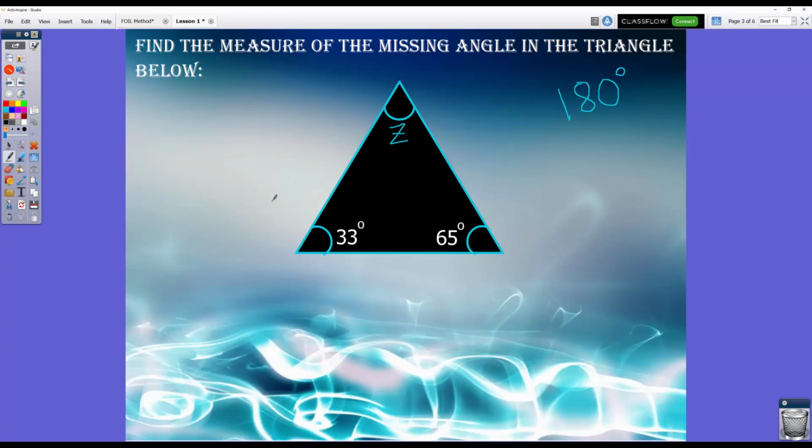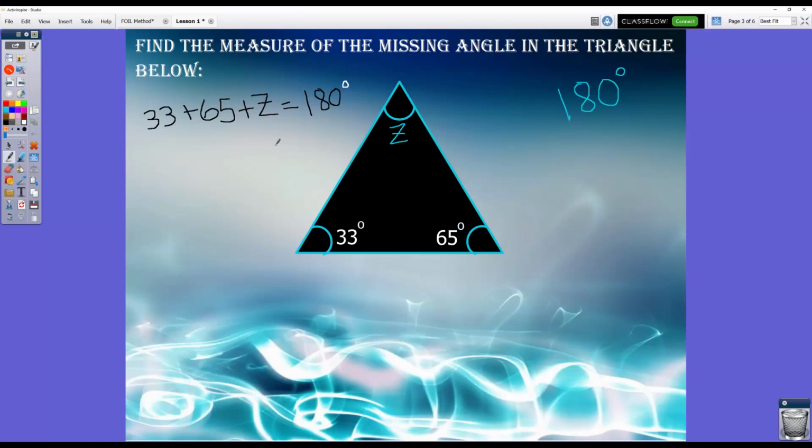And I know that when I add 33, which is this angle here, plus 65, which is this angle here, and angle Z, when I add all three of those together, it's going to equal exactly 180 degrees.